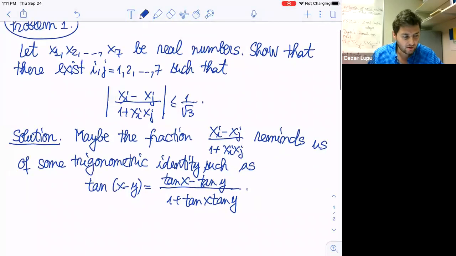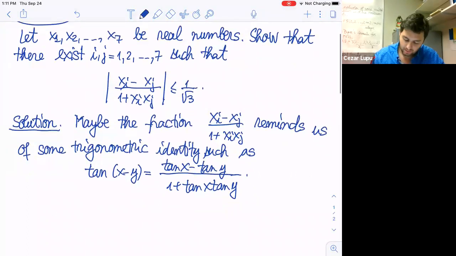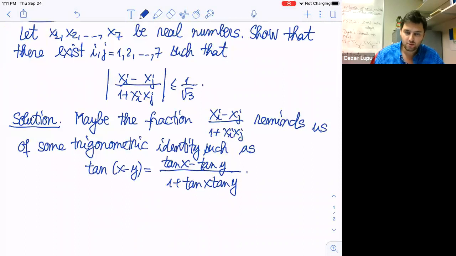Okay, so now let's get started. What we're going to do is the following. Now let's try to transfer this problem from an algebraic one into a trigonometric one. That's what we're trying to do.